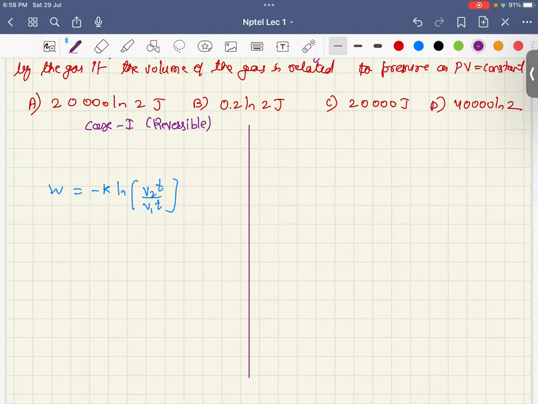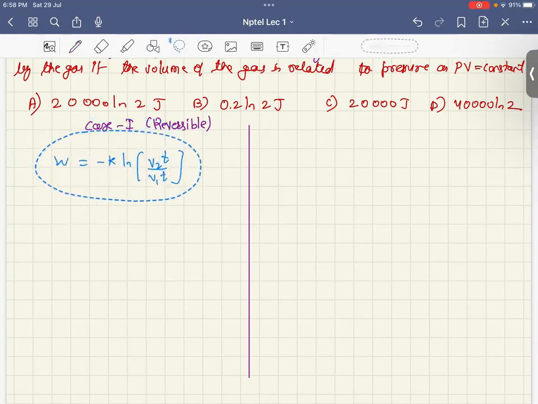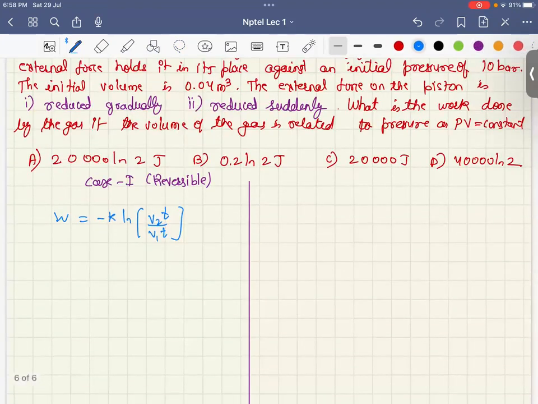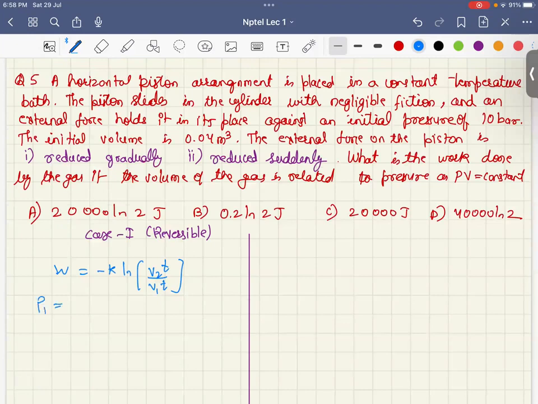So W is going to be this, right? What are we given? We are given P1 as 10 bar and V1 is 0.04, right? Therefore K is nothing but PV, which is 10 into 10 to the power 5 multiplied by 0.04, which is 4 into 10 to the power 4, which means 40,000.